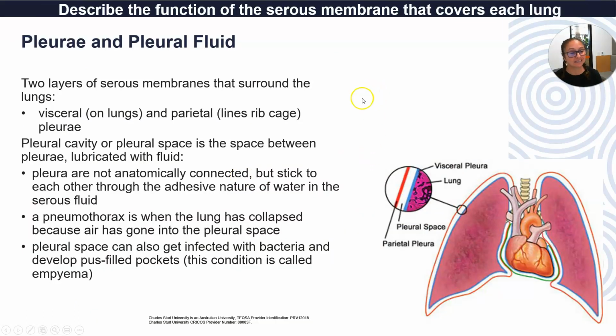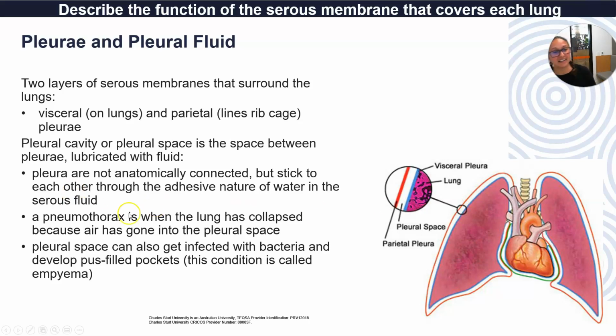Okay, now we're going to look at the layers of the serous membrane covering our lungs. You have the visceral pleura, which is the side of the double-layered membrane stuck closest to the lung, and then the parietal, which is the side of the membrane furthest away, and then you've got the pleural space, which is filled with fluid.